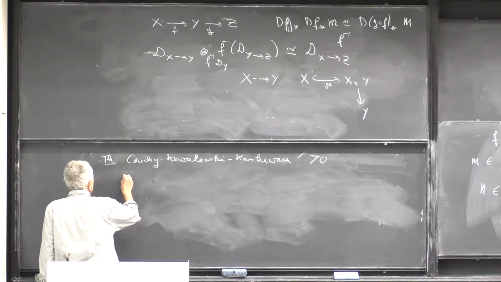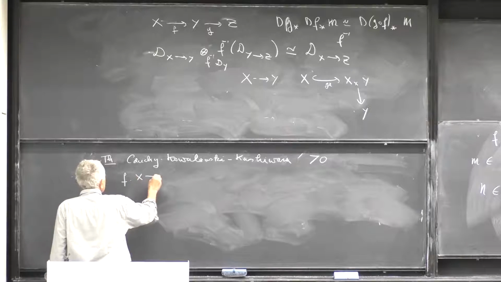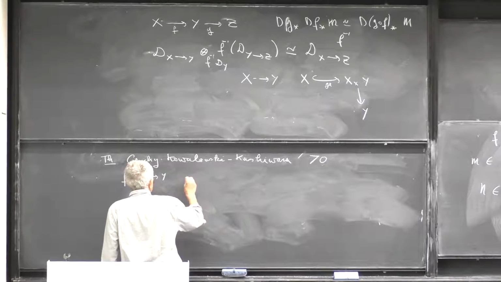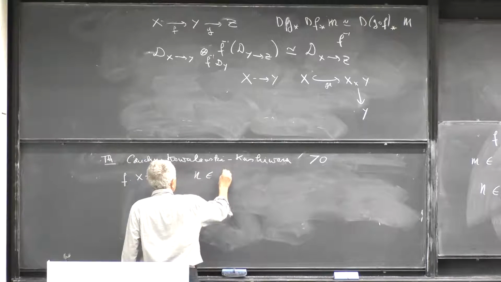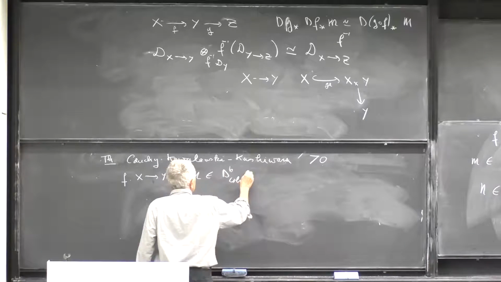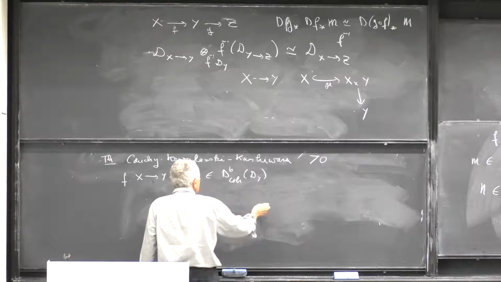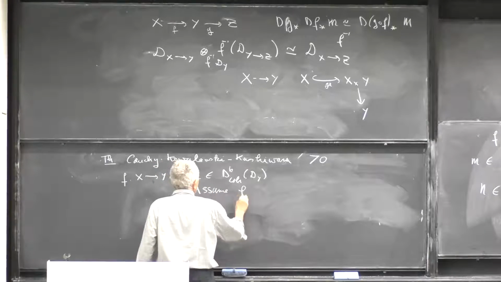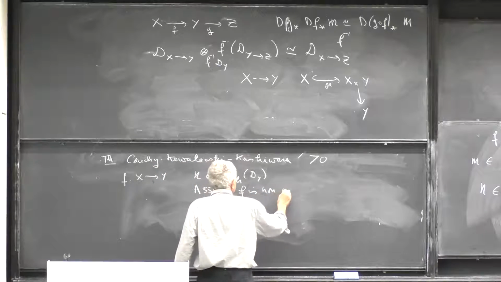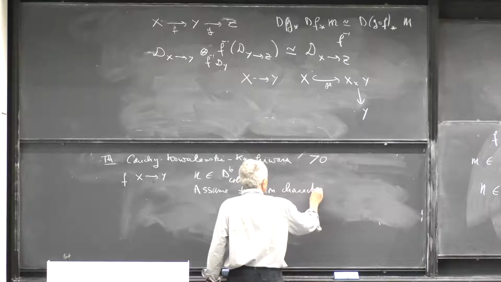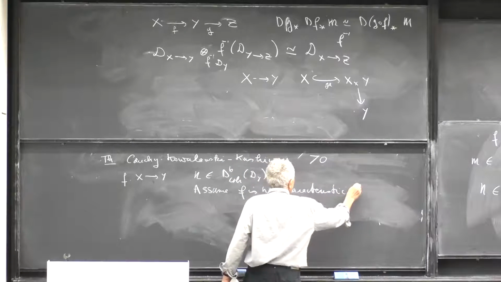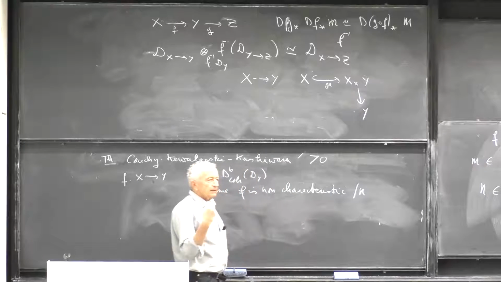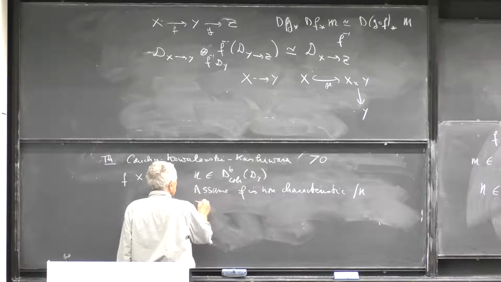So what does it say? You have f from X to Y. Take N a coherent D_Y module, and assume f is non-characteristic with respect to N. So it's exactly the same definition as for sheaves.